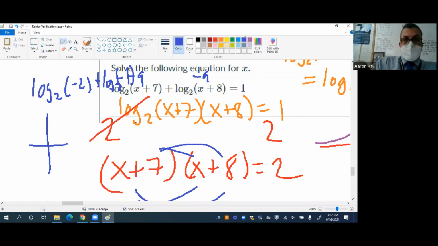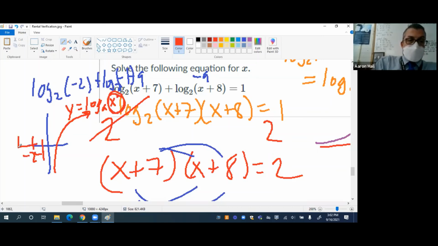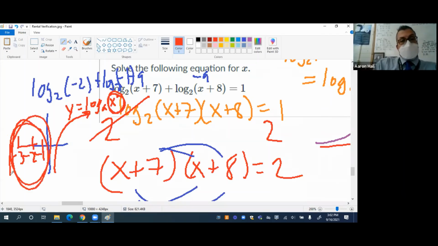This is our y equals log base a of x, right? What does it mean if x is negative? That's -1, that's -2, that's -3. Where's the graph over here? There's no graph, which means x cannot be what?